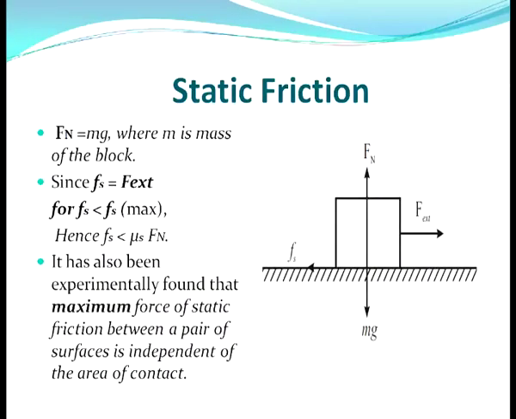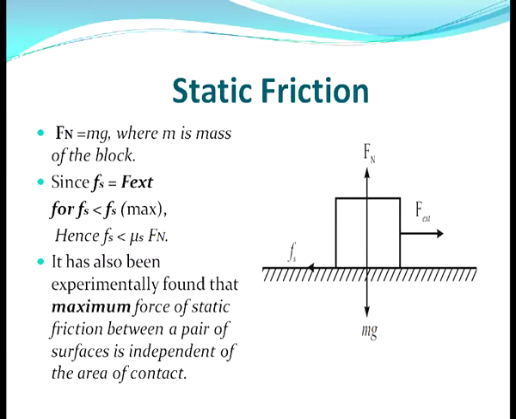Now Fn equals mg, that is the normal reaction is equal to the weight of the block, where m is the mass of the block and mg is the weight of the block. Since Fs equals F external, that is force of static friction equals the external applied force, for Fs less than Fs maximum, you can write Fs is less than or equal to mu s Fn.